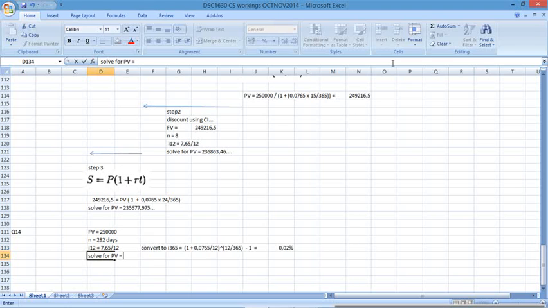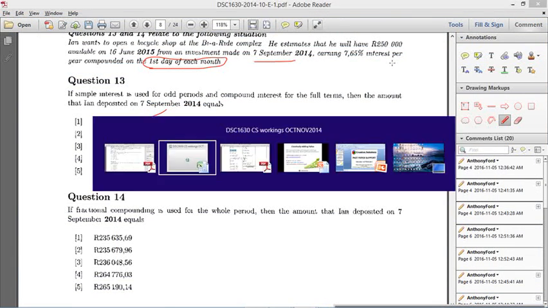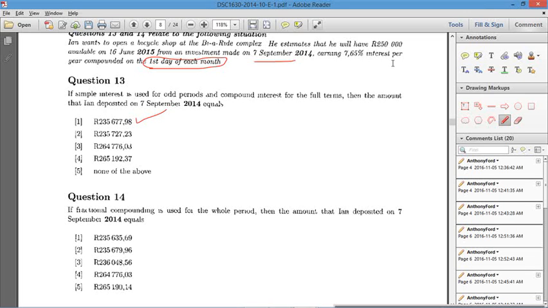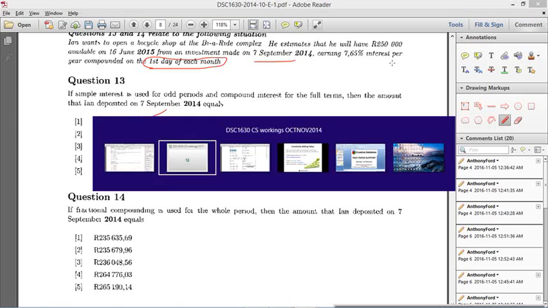Solving for your present value, you're going to get 235,696.36, which is option number 235,696.